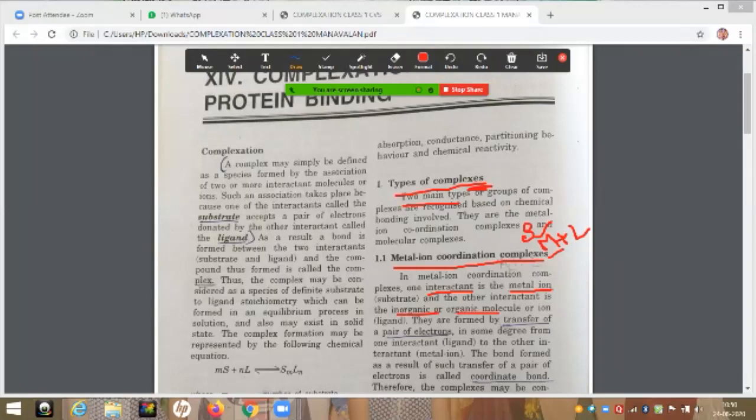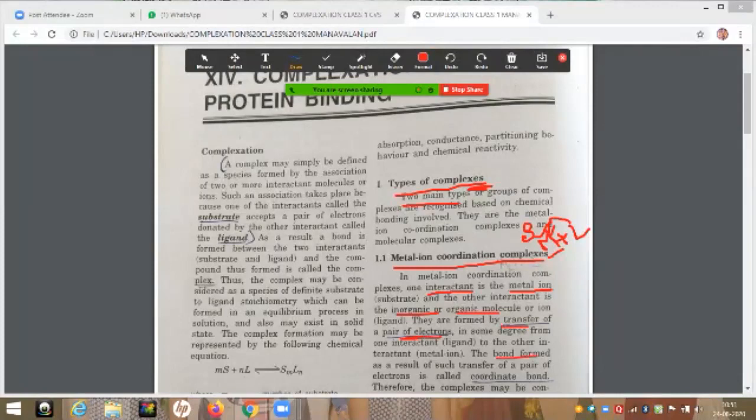And here they are formed by the transfer of a pair of electrons. Definitely there will be transfer of a pair of electrons from the ligand, that is the organic or inorganic molecule or the ion, to the metal ion, that is your substrate.